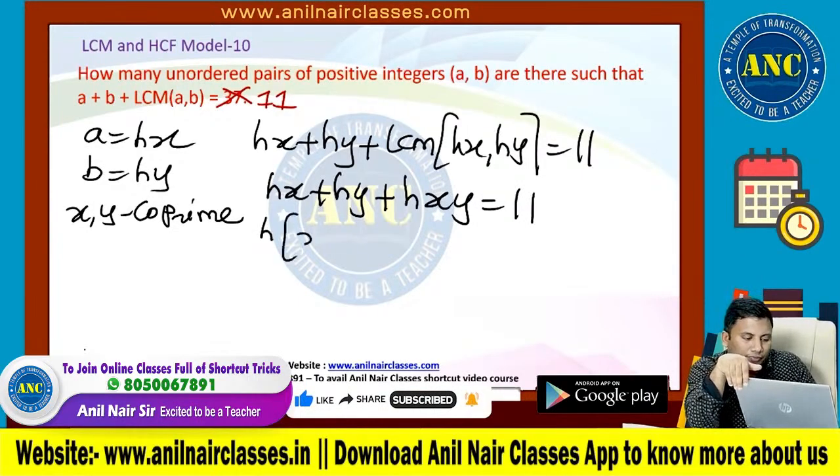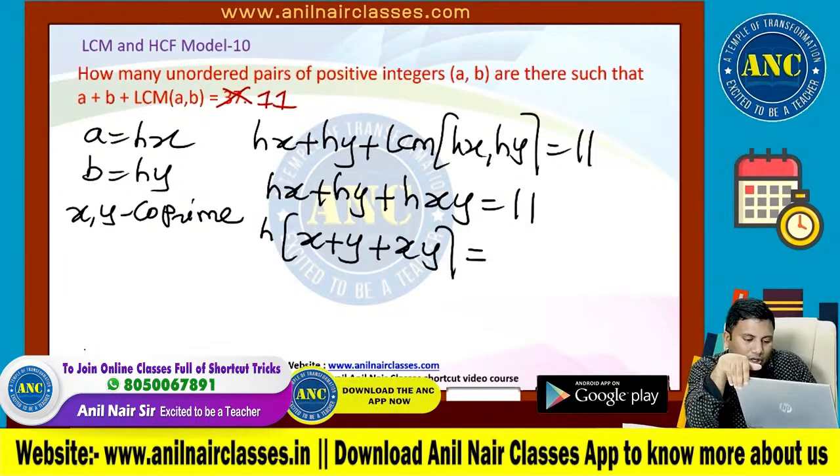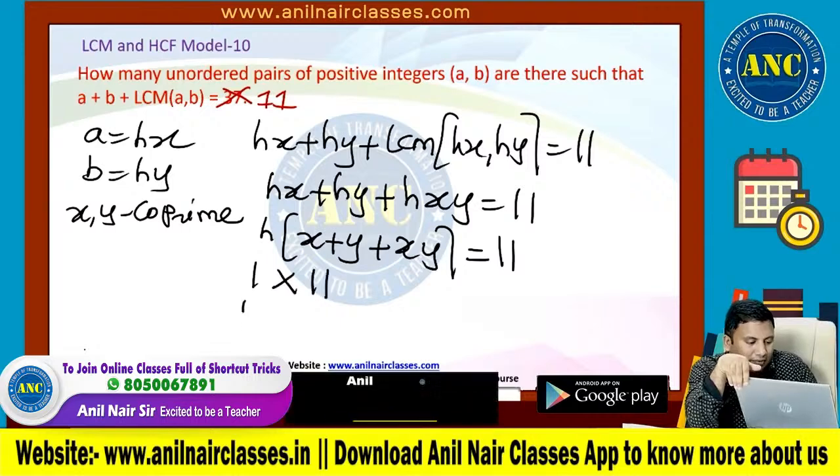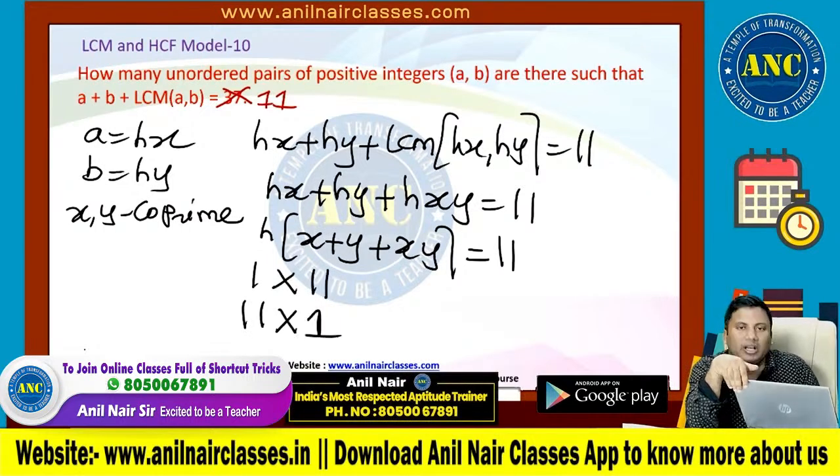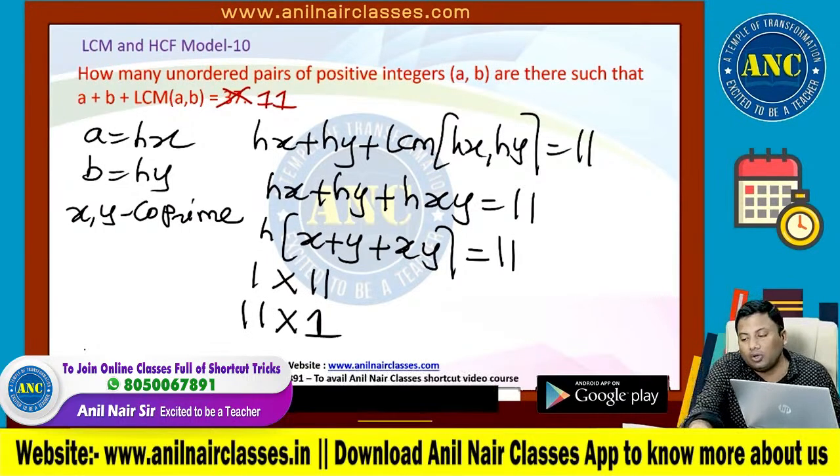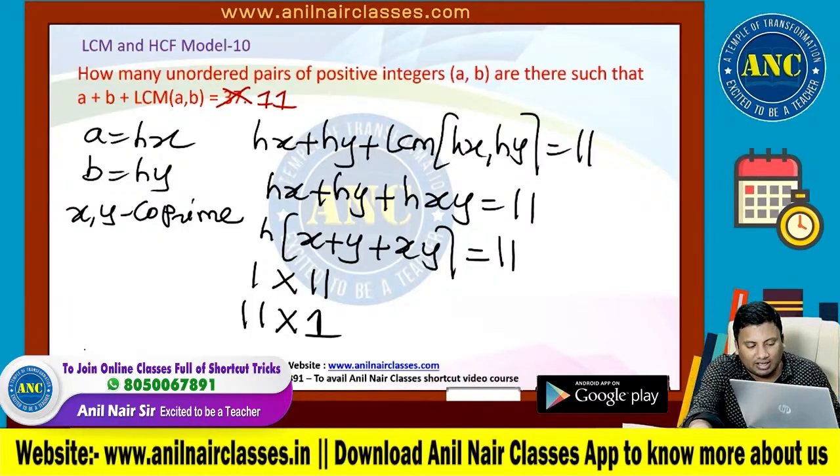H into (x plus y plus xy) is equivalent to 11. Is this 1 into 11 or 11 into 1? Because a prime number has only two factors, 1 and itself. 1 into 11 and 11 into 1.